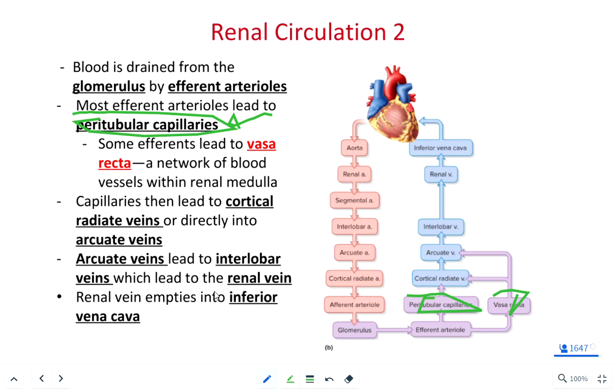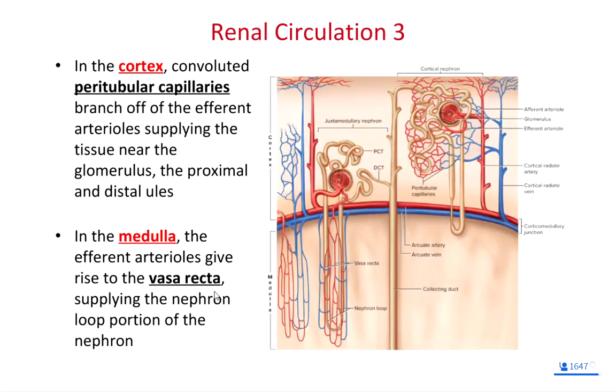The tricky part for most students are the capillary beds. We have a glomerulus. Every nephron has a glomerulus. Most nephrons are associated with peritubular capillaries, but some nephrons are associated with vasa recta capillaries.